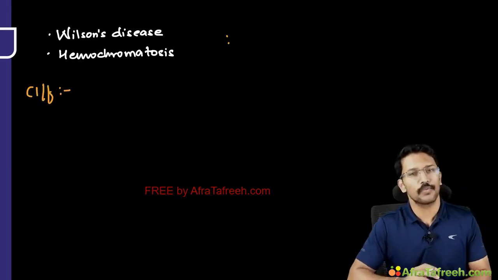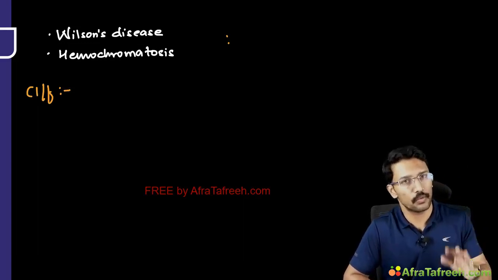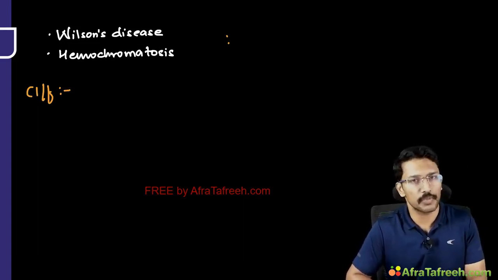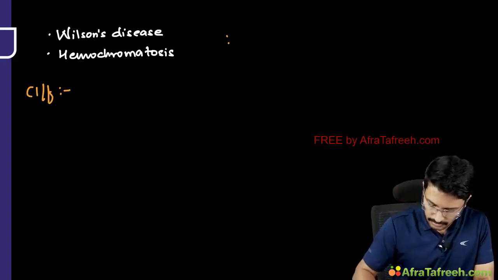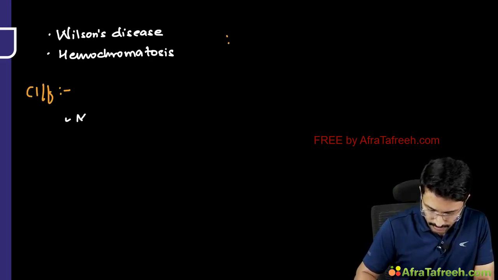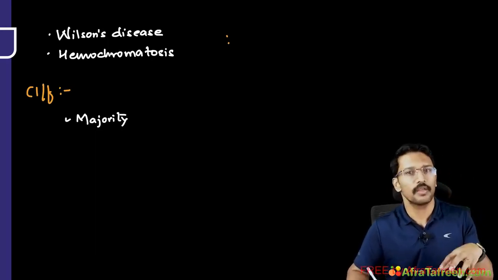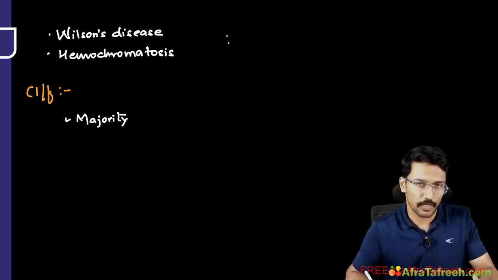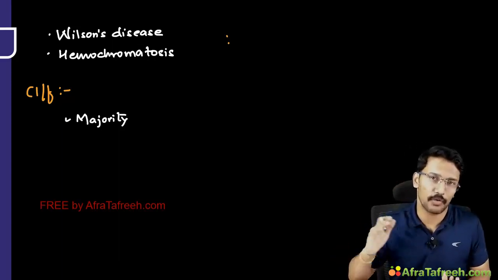Now we have to understand that most cases are diagnosed incidentally when we notice LFT abnormality. That means most patients are going to be asymptomatic, right? So the majority of patients are likely to be asymptomatic unless the chronic hepatitis persists for several years, leading to liver fibrosis, then hepatocyte dysfunction and portal hypertension.